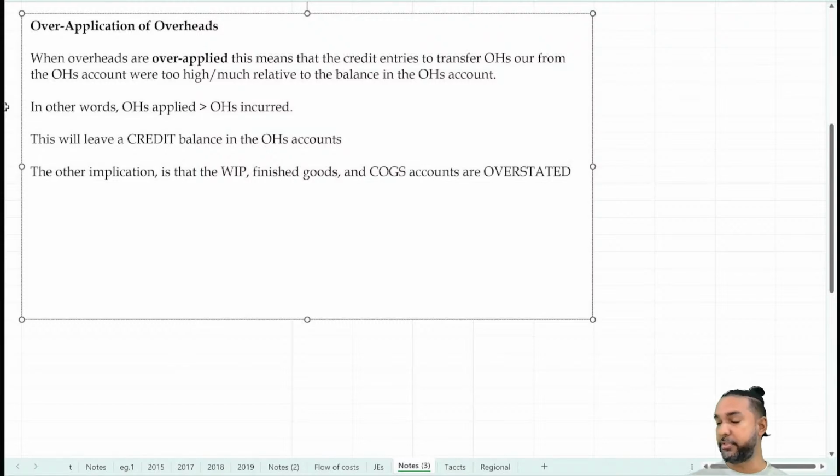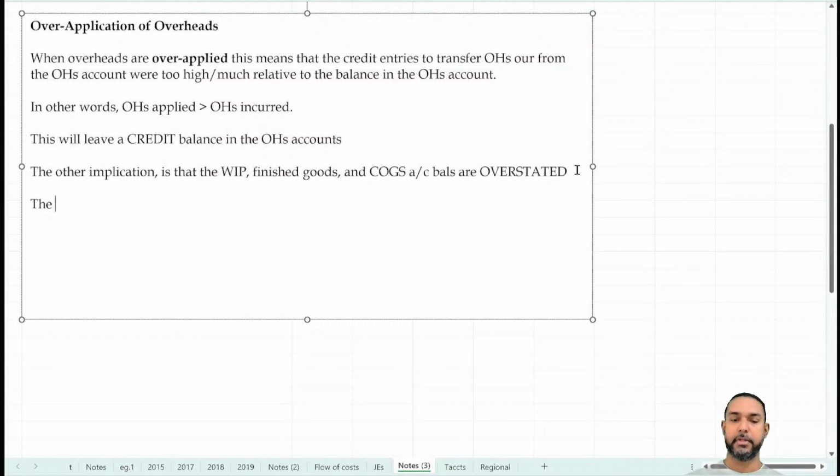The word we use to describe that is that the account balances are overstated. That's my little abbreviation to try to make it fit horizontally.